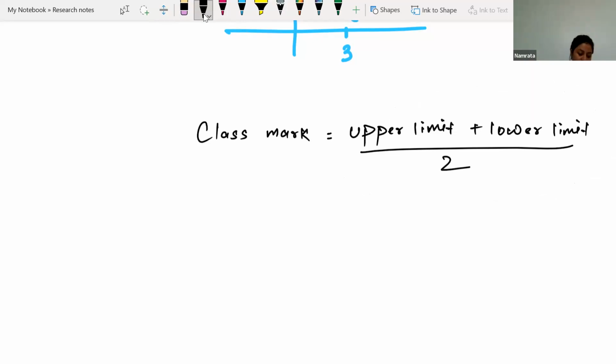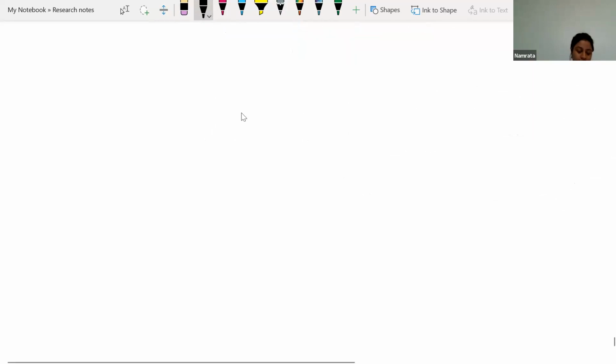Okay, so suppose we have this table now. Cost of living, number of weeks.